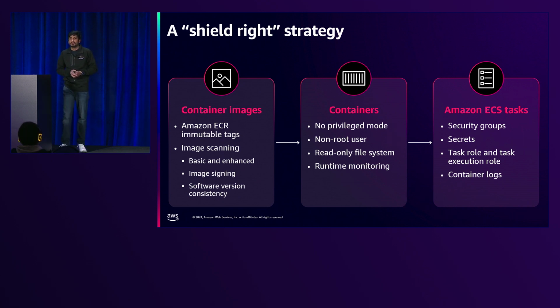Then we have the task role and task execution role. This way, you can make sure that a specific application only has access to the defined AWS service. For example, if you have an application that needs to access Amazon S3, use a task IAM role. This way that application only has access to S3, or a specific bucket, or a specific object in that particular bucket.